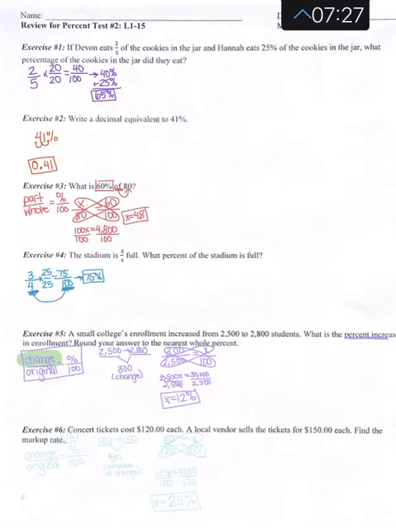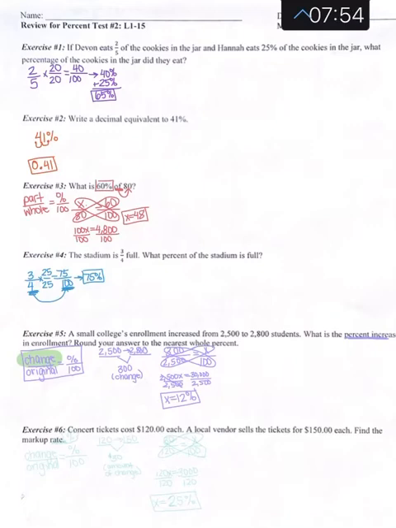And last but not least, concert tickets cost $120 each. A local vendor sells the tickets for $150 each. Find the markup rate. So the way we solve markup problems is pretty much the same way we solve percent increase or decrease problems. So we have to find that change, put it over the original.